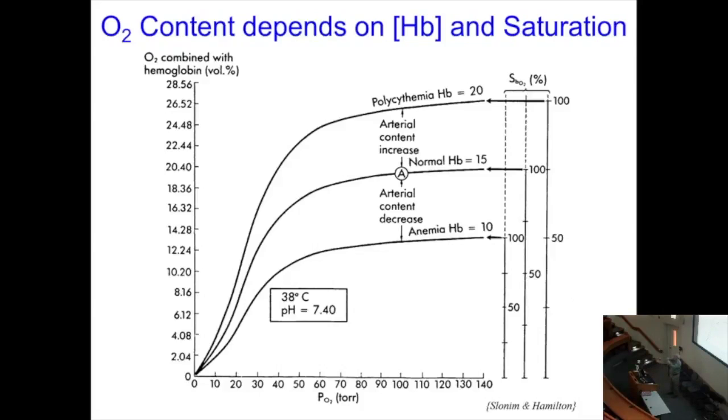If you scaled them up and down, they would superimpose, because these are just binding curves for oxygen binding to hemoglobin. And the hemoglobin is the same in all cases, so it's going to have identical binding properties. The absolute amount of oxygen in the blood at a given PO2 is going to be higher in the person with polycythemia than normal, and higher in the normal person than in the person with anemia.